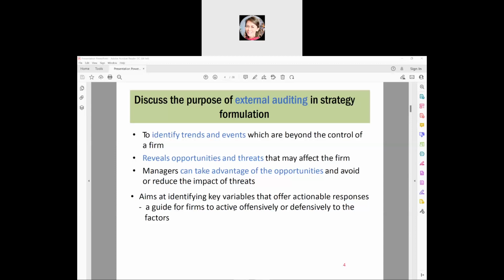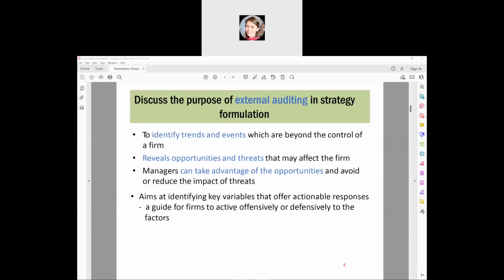When the key opportunities and threats confronting the organization are revealed to the owners of the organization or simply managers, they would be able to formulate strategies to take advantage of these opportunities and of course to avoid threats or reduce the impact of threats.